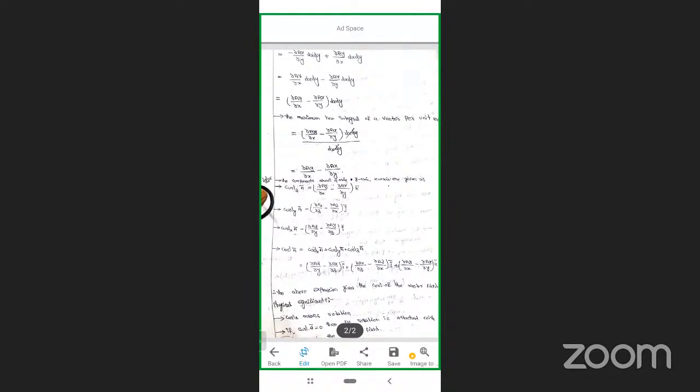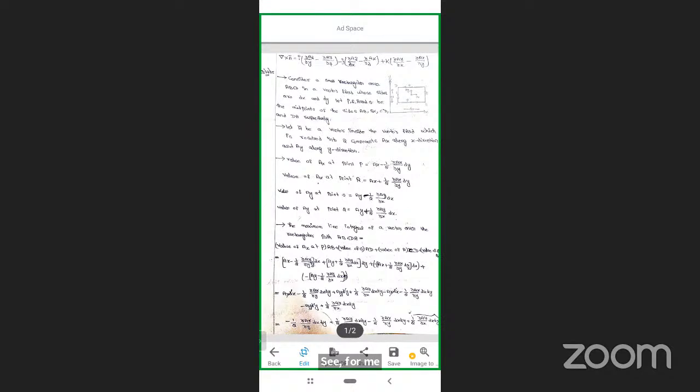First, I will explain this theorem. Let us consider the curl of a vector field theorem. The curl of a vector field means the line integral of a vector per unit area.